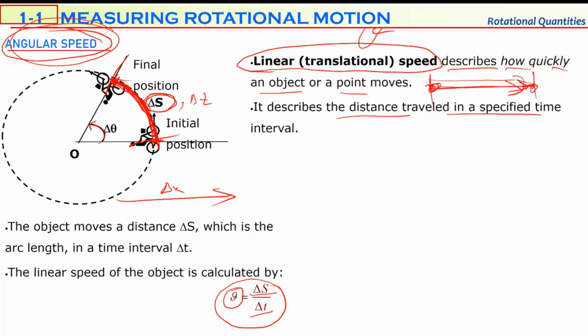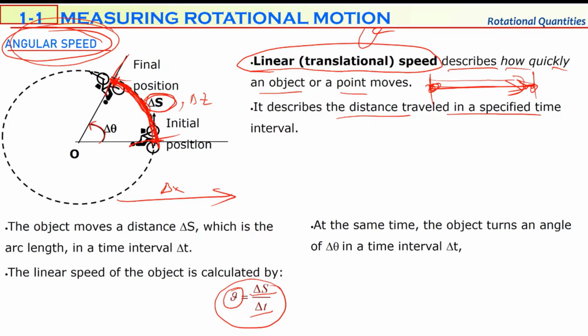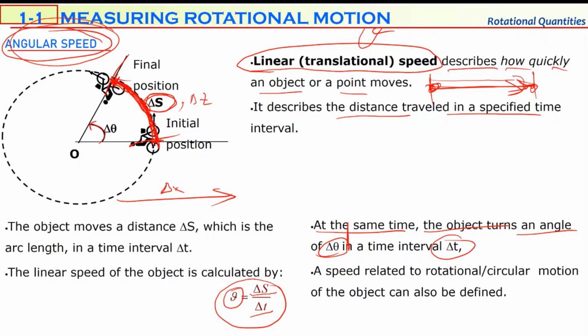So another speed can be defined at the same time according to angle. At the same time, the object turns an angle, delta theta, in a time interval, delta t, and we will define a speed related to circular motion, or, as we will learn later, rotational motion of an object. We are going to define a speed, and that speed is given the name angular speed.